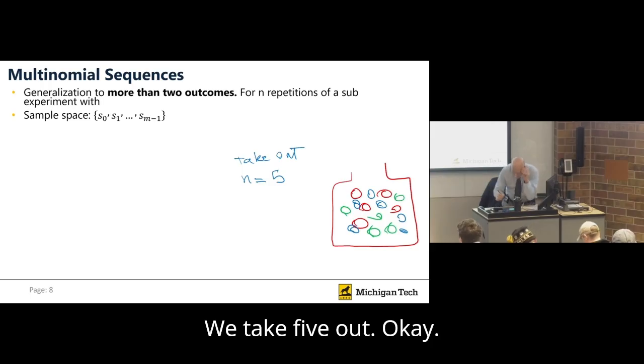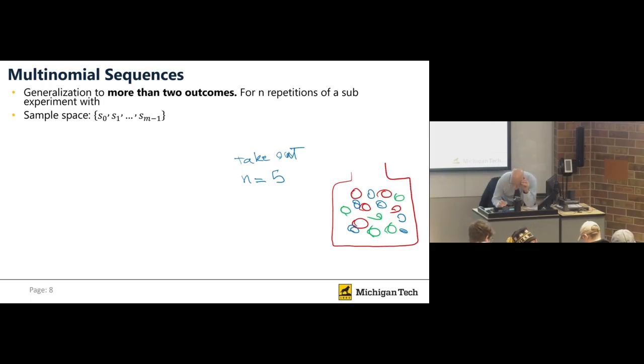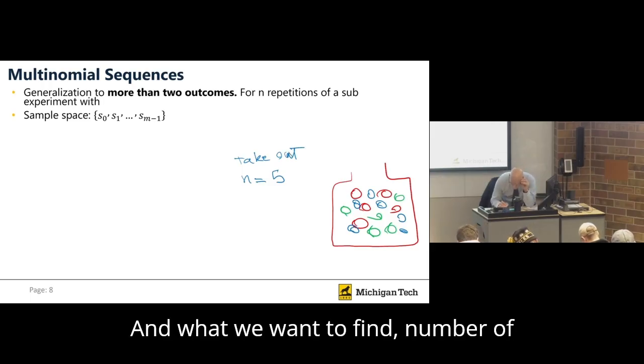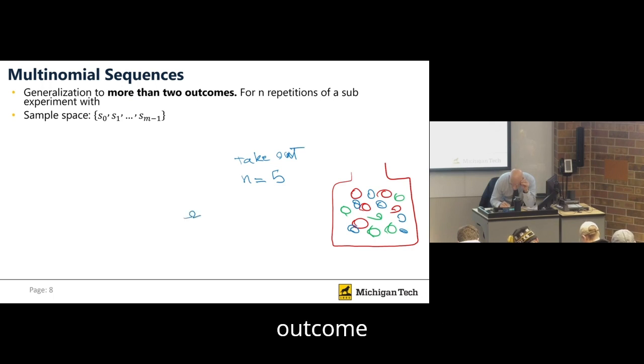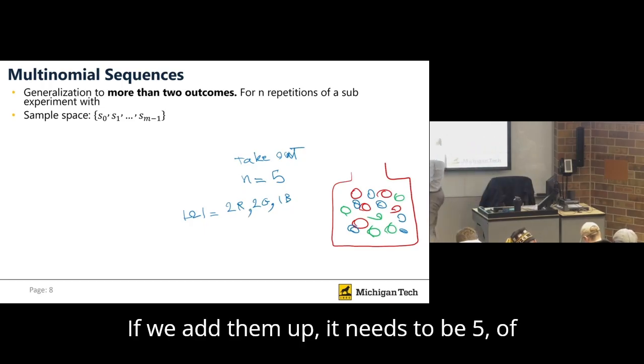What we want to find is the number of outcomes for 2 red, 2 green, 1 blue. If we add them up, it needs to be 5, of course.